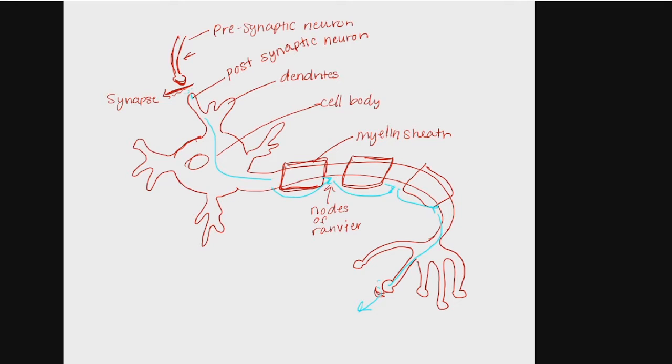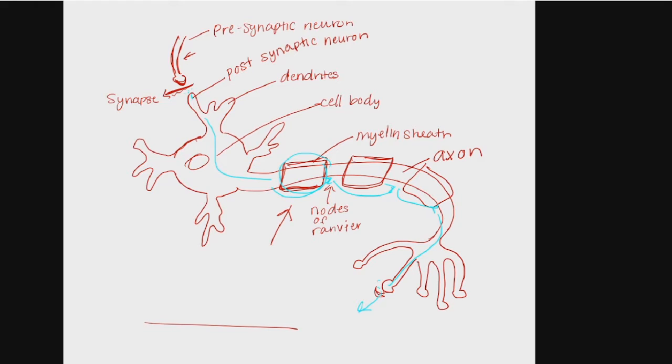And so when it comes to potassium and sodium voltage-gated channels, if we were to look at a closer view, this is the axon. We're looking at a closer view of the axon.